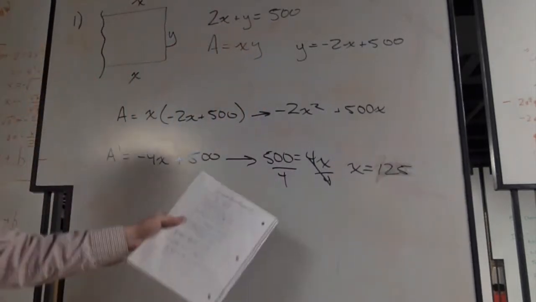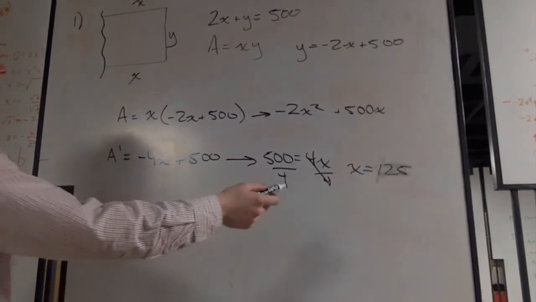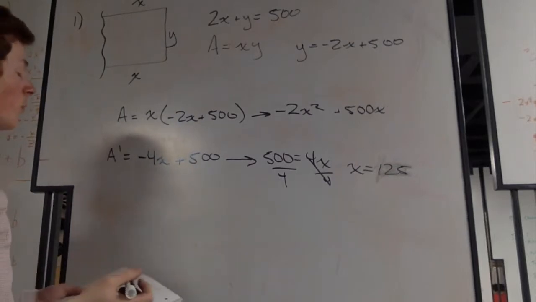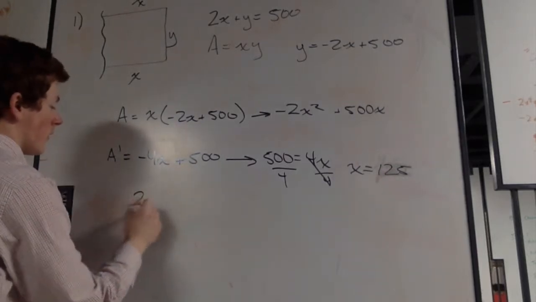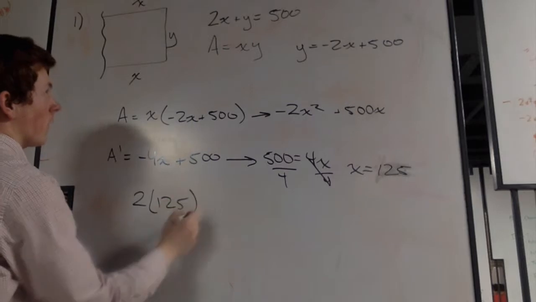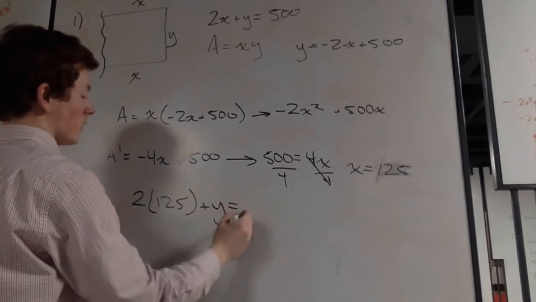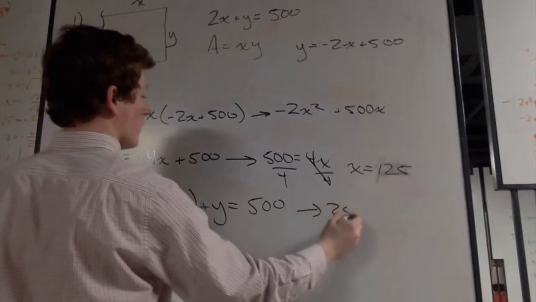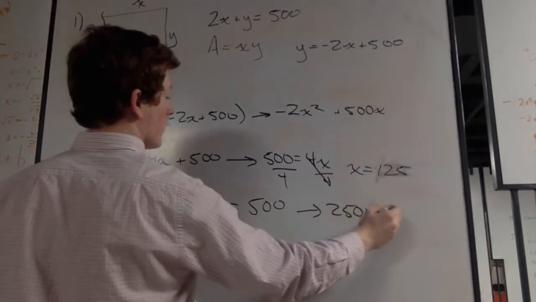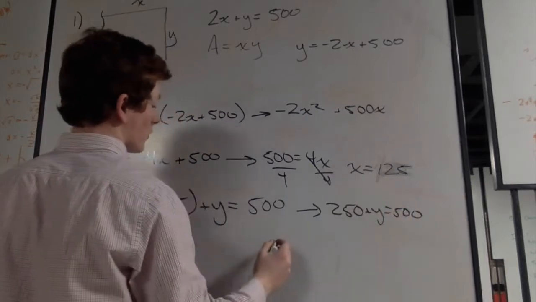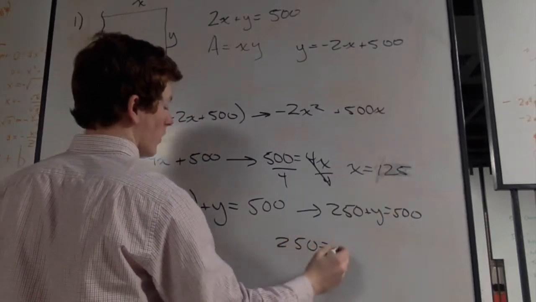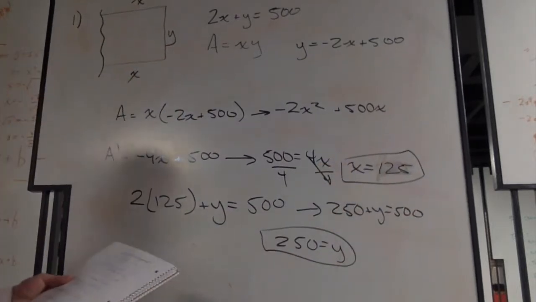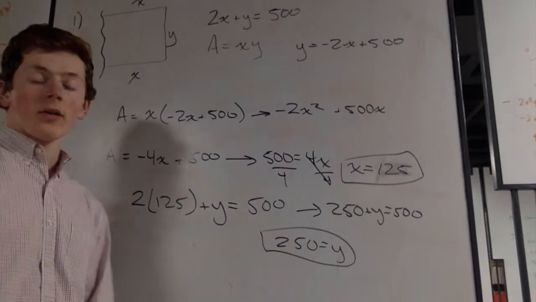And then from there you just input that 125 into the equation that we had before with the 500, so that would be 2 times 125 plus y equals 500, and that goes to 250 plus y equals 500, which then just goes to 250 equals y. So those are the 2 dimensions that will maximize the area that the pen can hold.